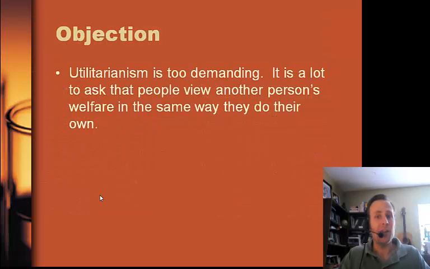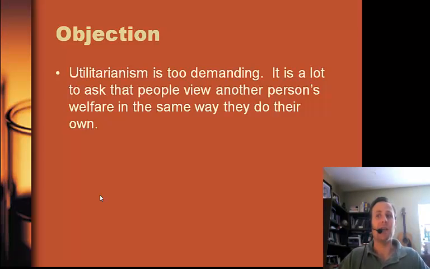Okay, and then a final objection. Utilitarianism is very demanding. It really does ask a lot of people to put yourself in somebody else's shoes and to view your own happiness as only equally important to the happiness of other people. So the thing that utilitarianism does is it asks you to look at your own well-being as no more important than anybody else's well-being. That is, to see your own happiness as no more important than anybody else's happiness.